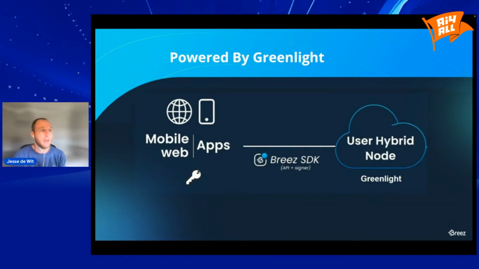So the user generates a seed locally. And with that seed, you initialize your personal node on the Greenlight infrastructure through the Breez SDK. And then for every operation that your Lightning node on Greenlight needs a signature for, it will communicate with the app in order to get a signature.